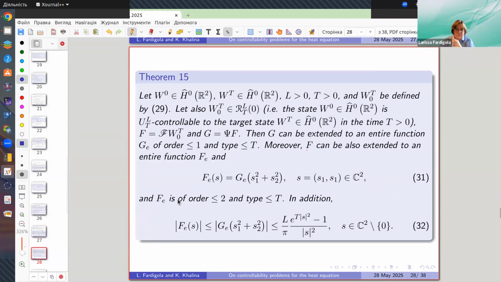The next theorem is also a necessary condition, and it's an analog of the condition for RT.